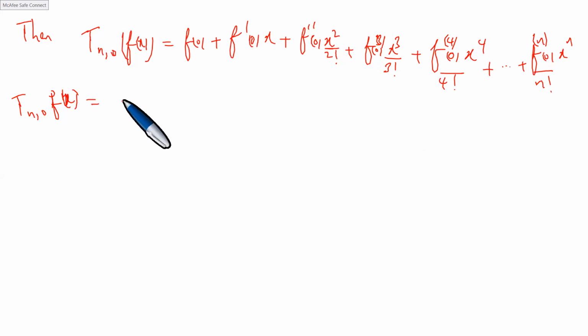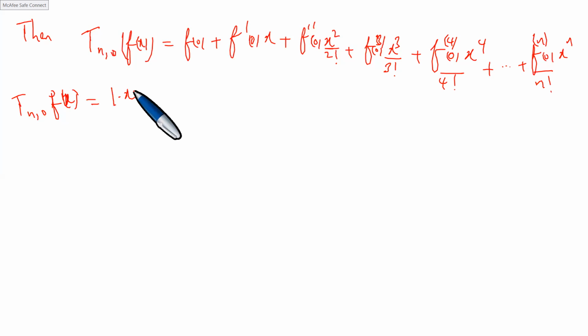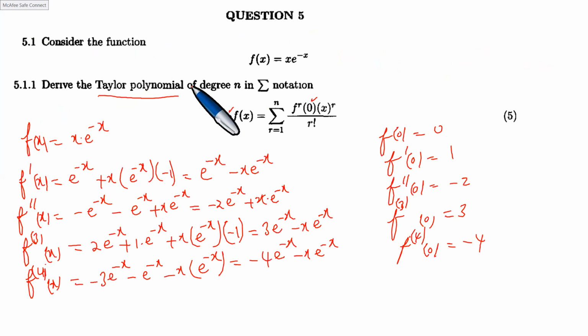Okay, there's no need to put 0 there. First derivative is 1. So we shall have 1x, just x. The second derivative is -2. So that's -2 x squared over 2 factorial. The third derivative, 3.